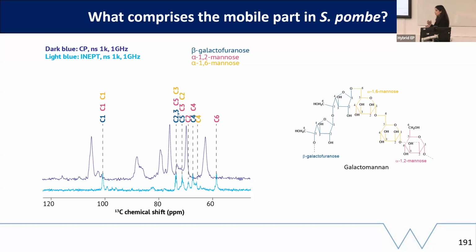So the rigid and the dynamic portions are different. The dynamic portion is majorly composed of galactomannan, which has three components: beta galactofuranose, 1,6 alpha mannose, and 1,2 alpha mannose. This is basically responsible for the morphology and the reproductive behavior of the cells. This peak assignment has been done on the 2D INEPT spectra that I have performed, which I have not shown in this presentation.